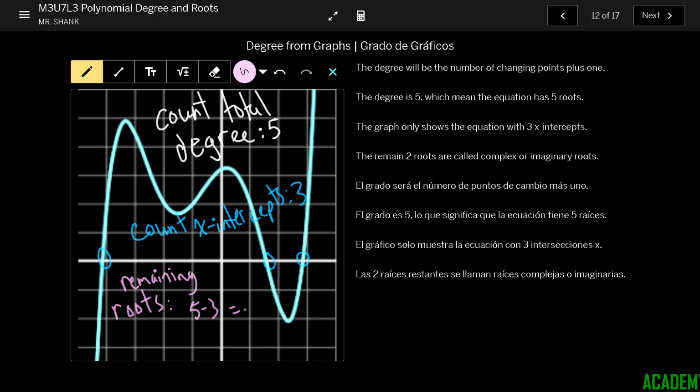We're going to say that equals 2. So that means we have 2 complex roots, meaning we can't really see them on the graph as easily, but we can find and identify how many there are. So that's going to be the max question I ask: find the total degree and find the types of roots that are in that picture.